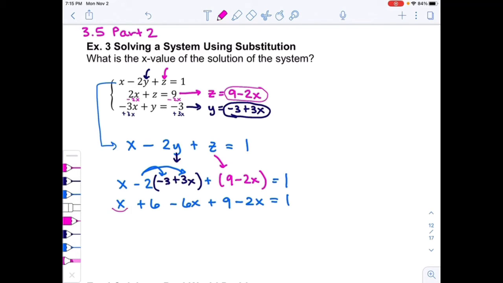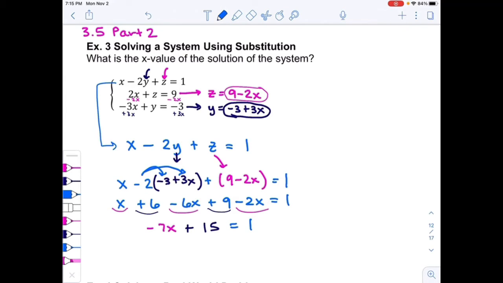So we have an x and a minus 6x and a minus 2x. So x, take away 6x is negative 5x. Negative 5x with a minus 2x, that's going to give us a negative 7x. We have a plus 6 and a plus 9, which means that we have a plus 15. And all that is going to equal 1.